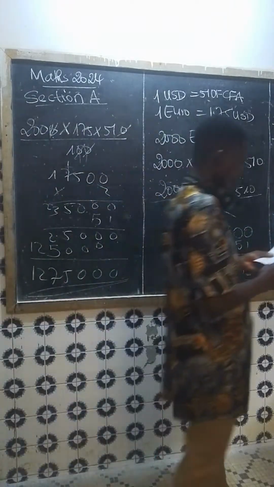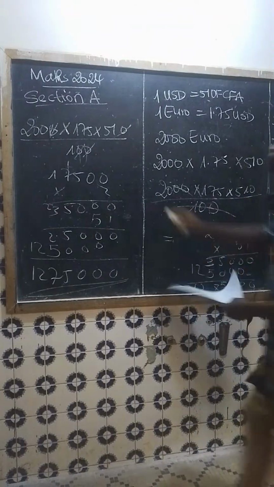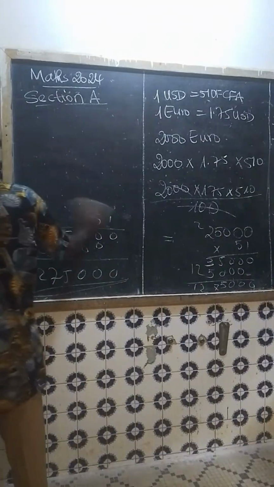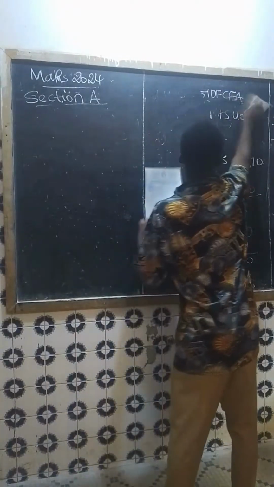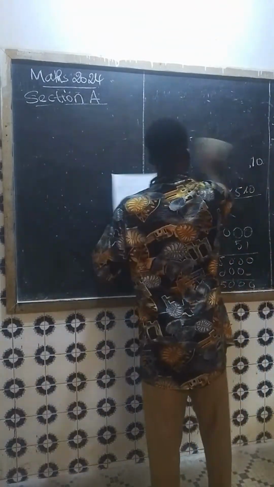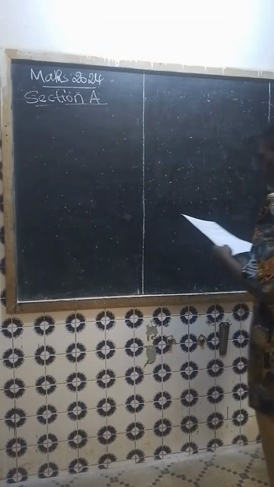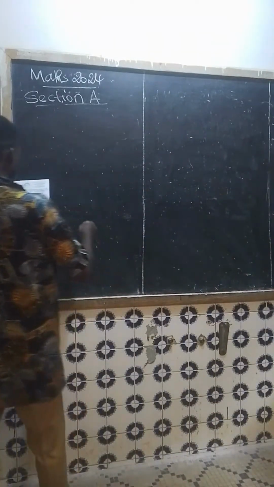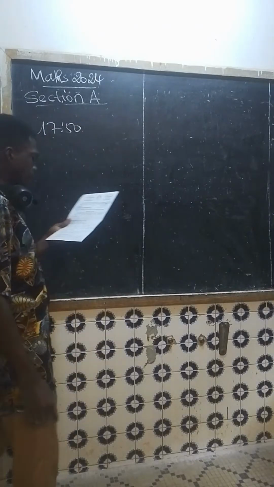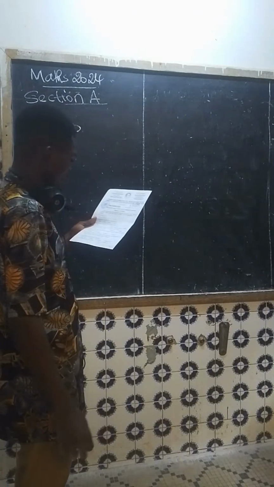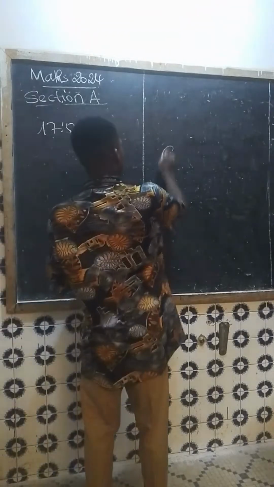Cameroon time is 1 hour ahead of Greenwich Mean Time, GMT. When it is 1750 hours in Cameroon time, GMT is... Cameroon is GMT plus 1.